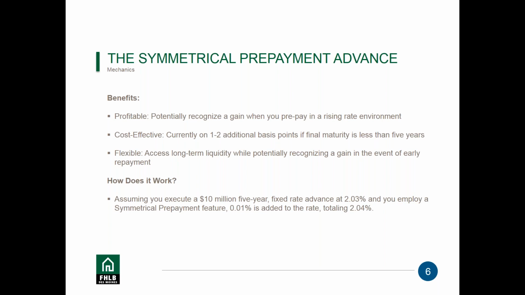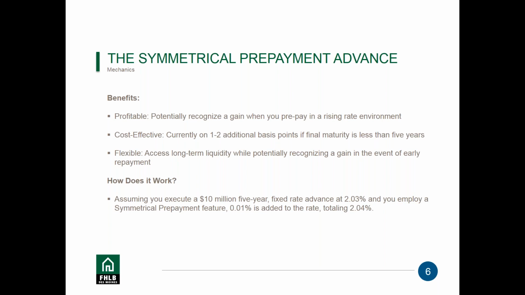Presently, the price, as I mentioned, of the symmetrical's contractual feature is only in the range of 1 to 2 basis points above a standard, or let's call it an asymmetrical advance in rate, if you're looking inside of 5 years. When I refer to the term asymmetrical, we're talking about a normal term advance without the symmetrical feature.